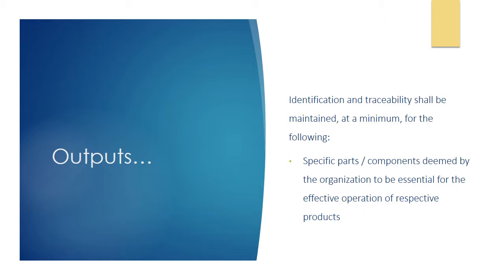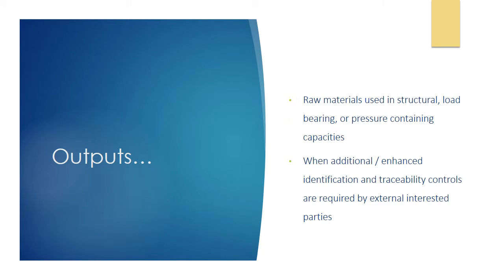Outputs. Identification and traceability shall be maintained at a minimum for the following: specific parts or components deemed by the organization to be essential for the effective operation of respective products, raw materials used in structural, load-bearing, or pressure-containing capacities, when additional or enhanced identification and traceability controls are required by external interested parties, such as customers.